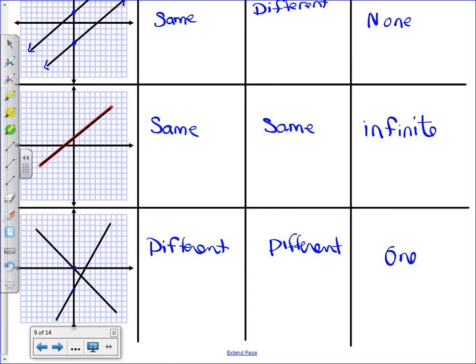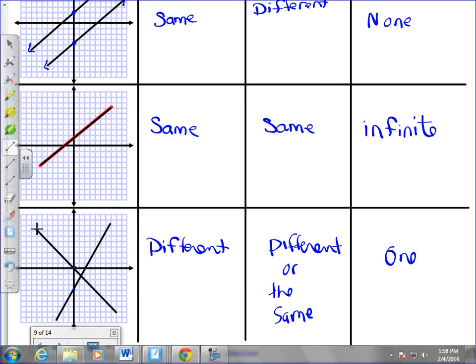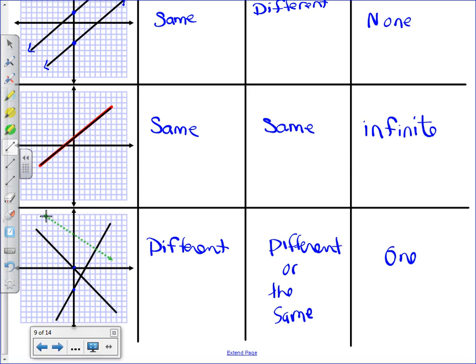Oh, you could. Yeah, you're right. You could have a different slope and the same y-intercept. What's special about that? I'm going to put "or the same." If I were to draw this, if it has the same y-intercept, so let's go here.